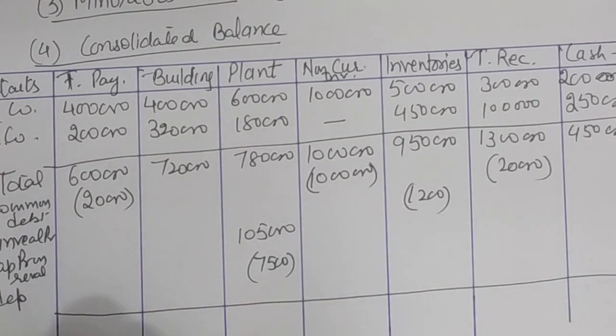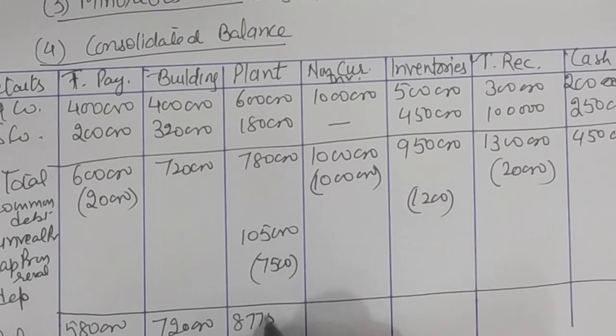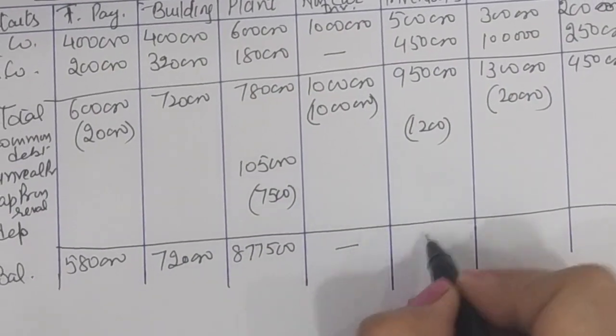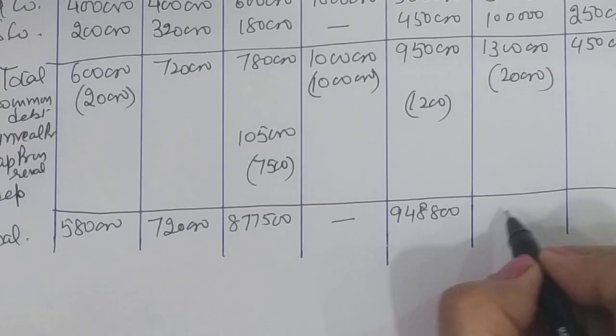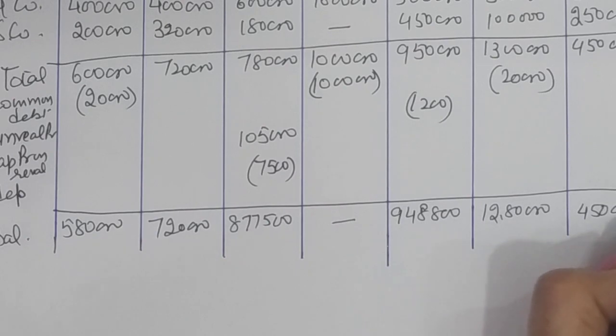So we have the balance of 580 here, 7,20,000 here, and here in the balances 8,77,500, nothing here, 9,48,800 here, 12,80,000 here, 4,50,000 here.